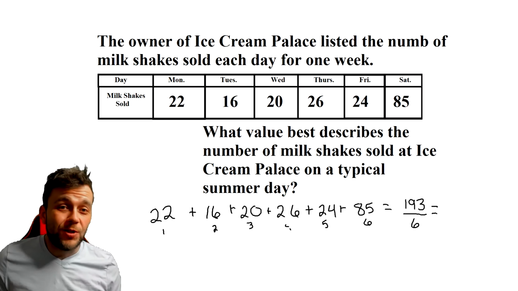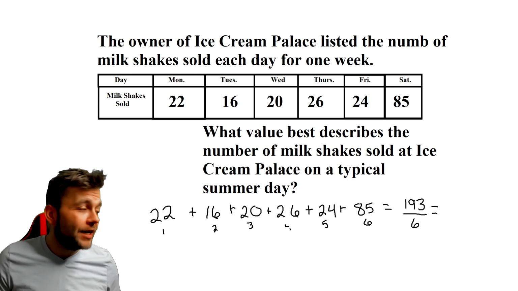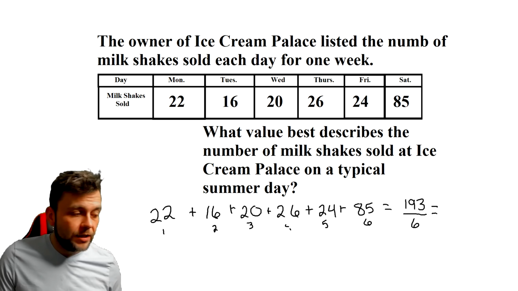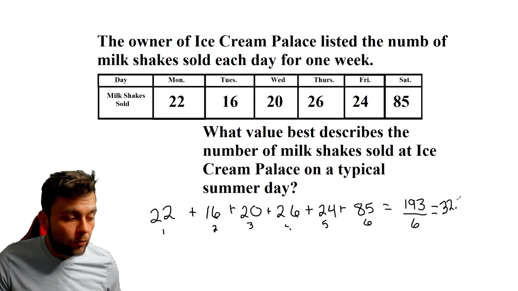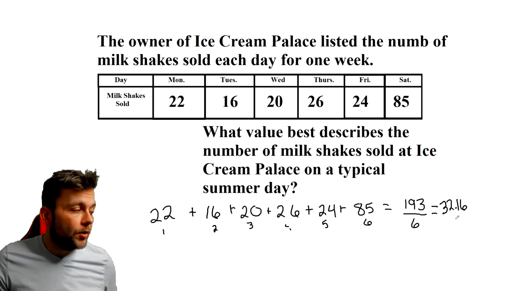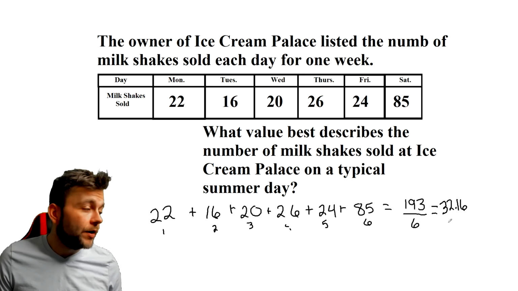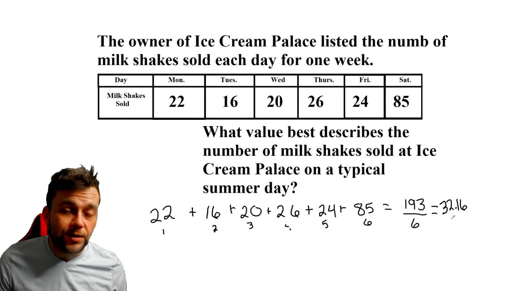So after consulting my favorite consultant, Siri, I have figured out that the answer to 193 divided by 6 is 32.16. So the mean value, the average value of milkshakes sold on a typical summer day is 32.16 milkshakes.